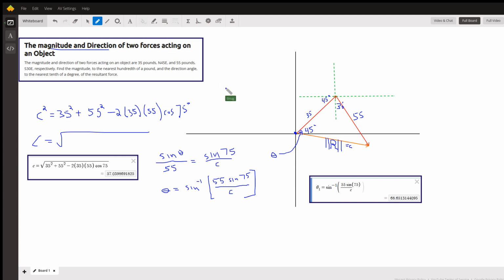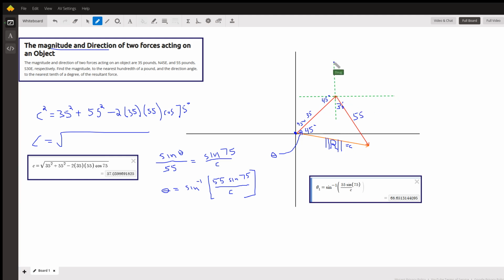Okay, so here's the first vector, magnitude of 35 in a direction of north 45 degrees east. So this is 45 here. And that means this angle is 45. The second vector, we're going to go tail to head, is, see these green dashed lines? That gives you a north-south line and an east-west line.